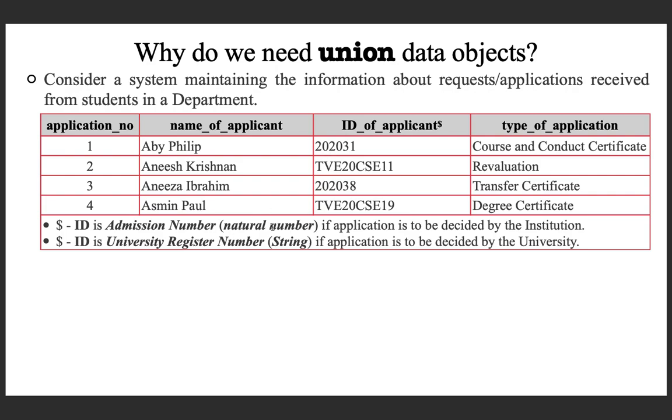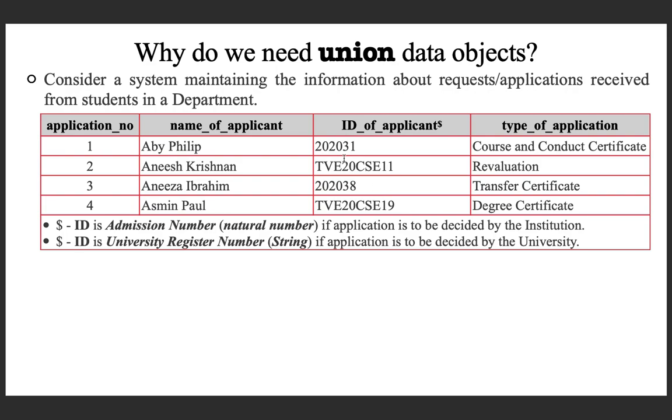And if it is an application which is to be forwarded to the university, the admission number in the college is not making any sense. Then the ID should be the ID given by the university to that particular student.